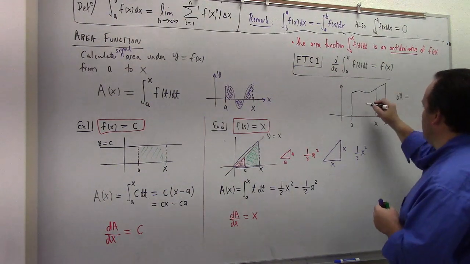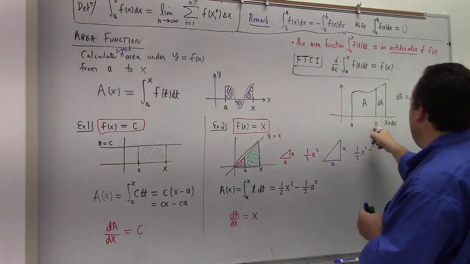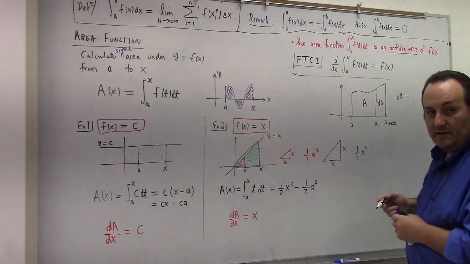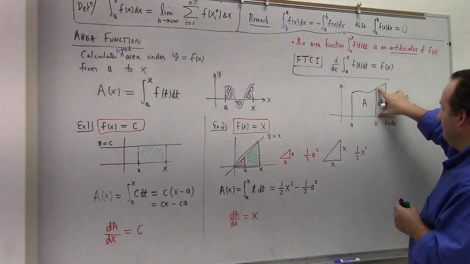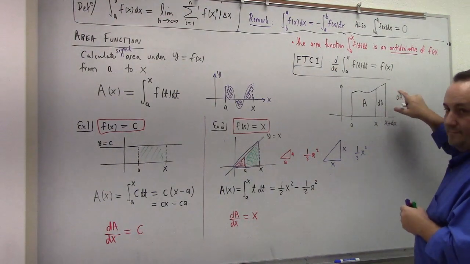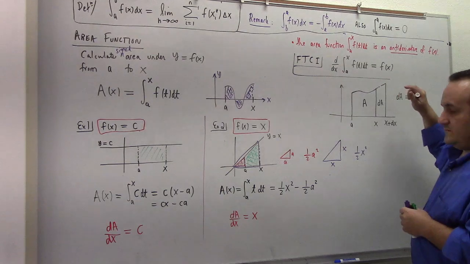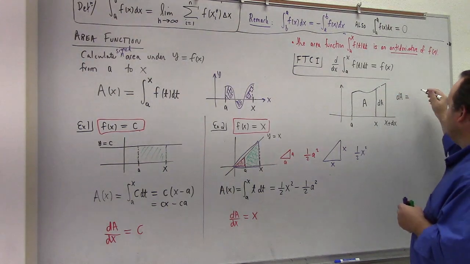What's this little bit of extra? So if this is the area going from a to x, what's the extra little bit of area going from x to x plus dx? Well, what's the height here? I mean dx to be very, very small, so the height here is f of x.